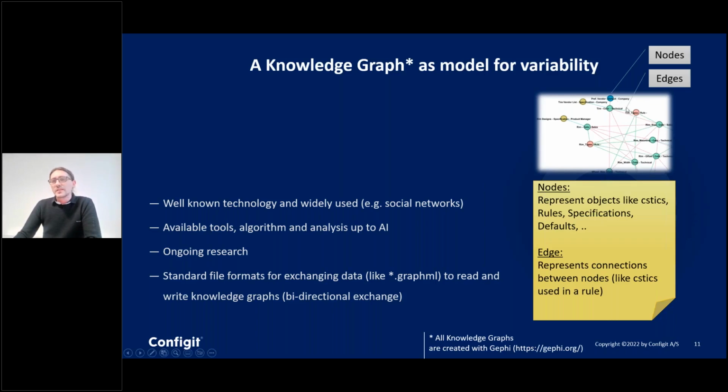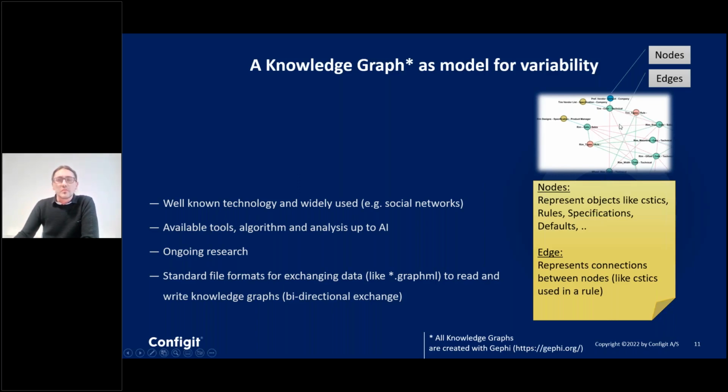And an edge, that's the lines in between the dots, represents connections. The connection could be, for example, all the characteristics used in a specific rule. So then this rule has connections, lines to the specific characteristics it uses. And that way you build up a large graph view of your product model.